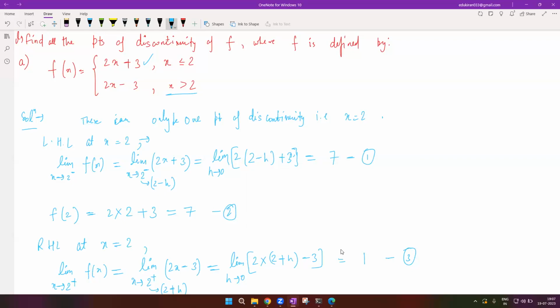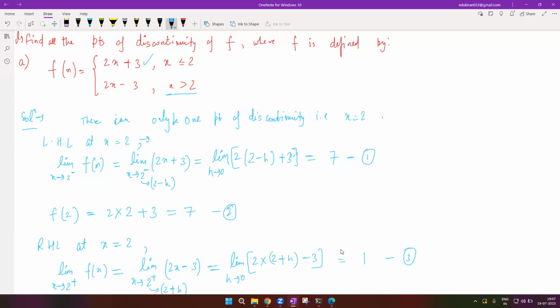LHL, value of the function at the given point, and RHL. The given point in this case is 2. I mean, the point wasn't given, but we have to understand what point it can be. The only point of discontinuity is where the function breaks, and the function breaks at x equals 2. So the point given is basically x equals 2. We have found the LHL at x equals 2, the value of the function at x equals 2, and then the RHL at x equals 2.